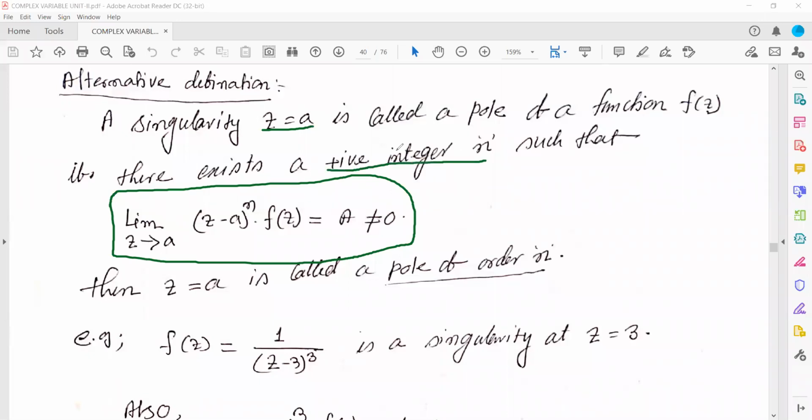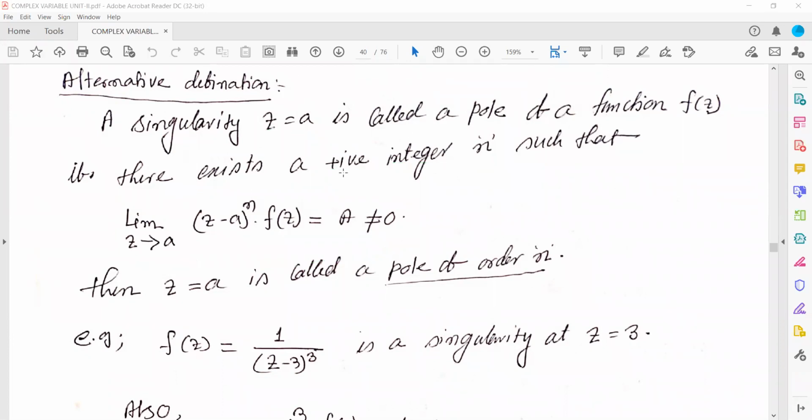If it is a pole, then there must exist a positive integer n such that this limit is equal to some finite value, and that should not be equal to 0. Then that singularity is called a pole, and whatever is the power of z minus a, that will be the order of the pole. Okay, so now let's see one example of the pole.